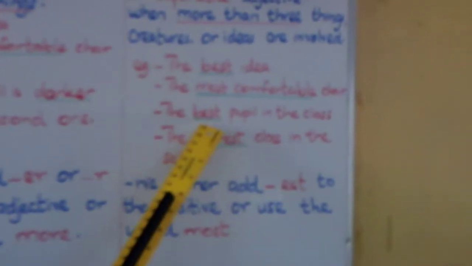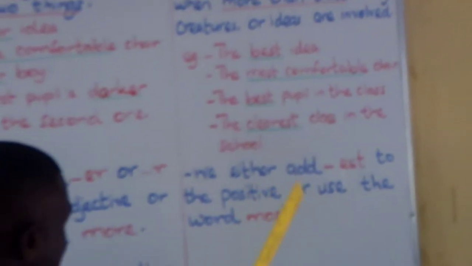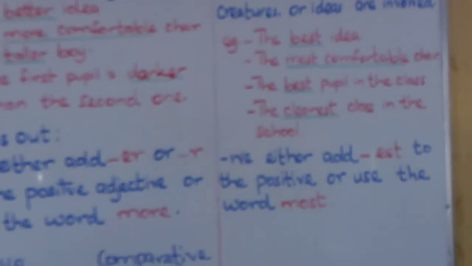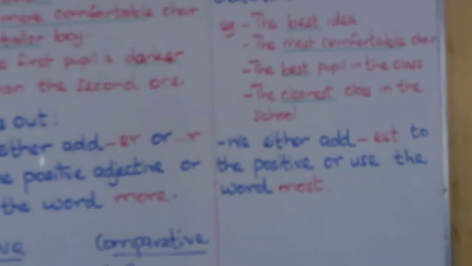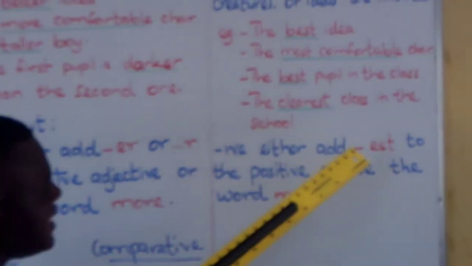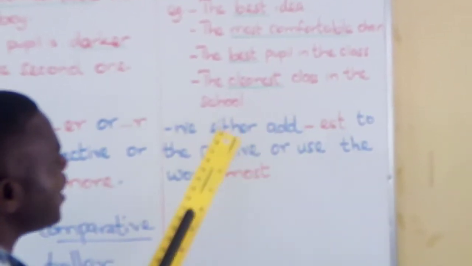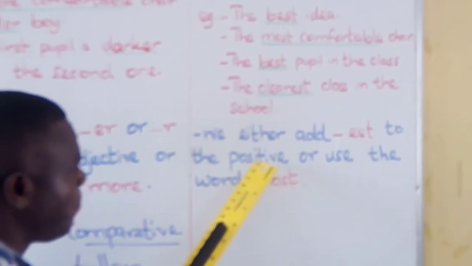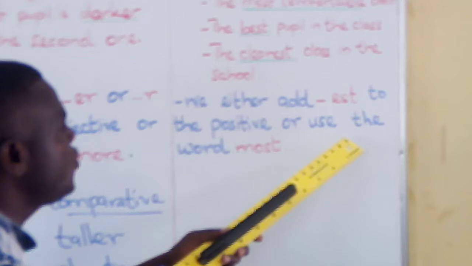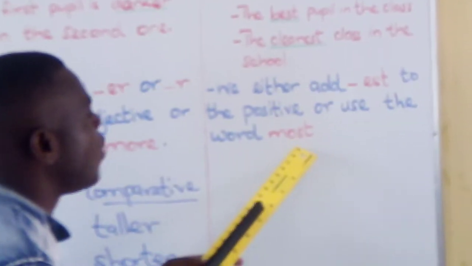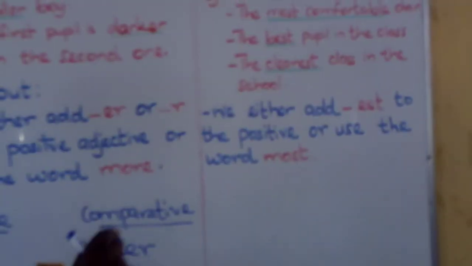I've underlined best here. I've underlined cleanest. And we have others that are tallest. Now, we either add est to the positive adjective, or use the word most before the adjective.